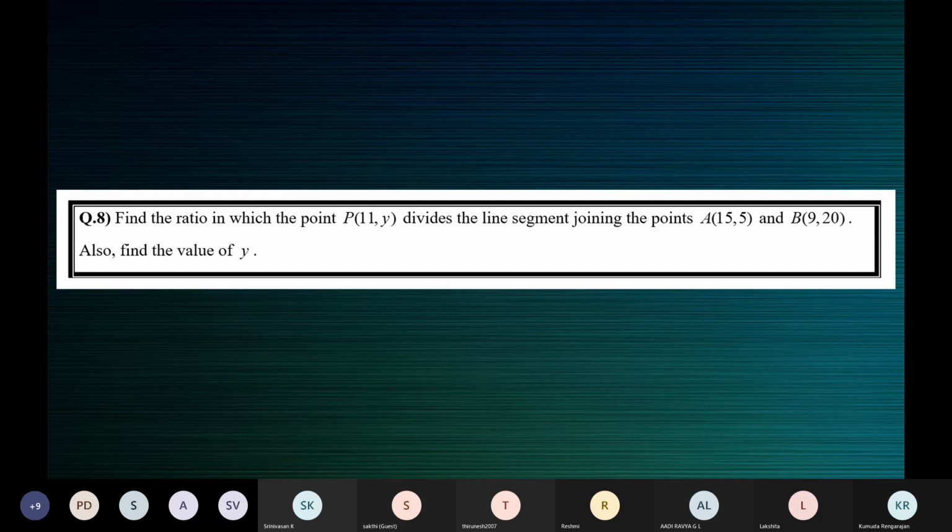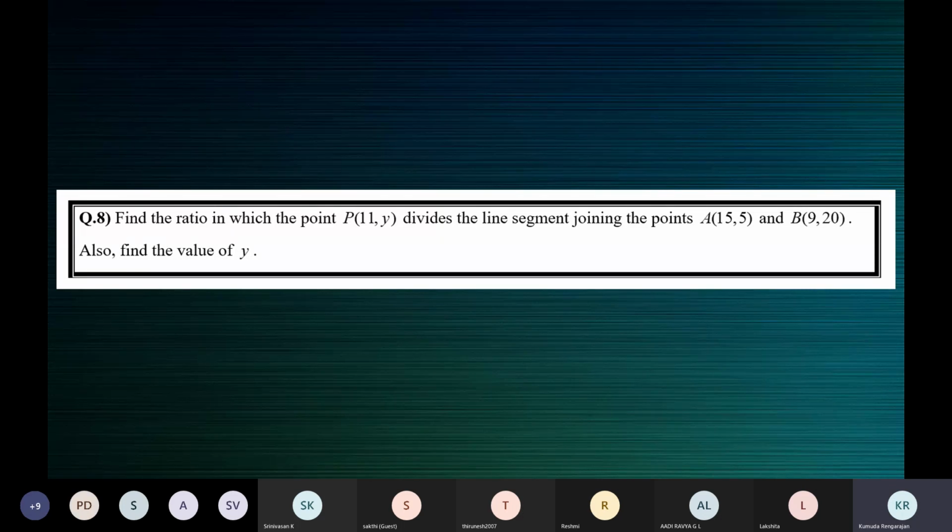Yes, how will we find the ratio, children? Using what? Using the x coordinate. So the number is 11.